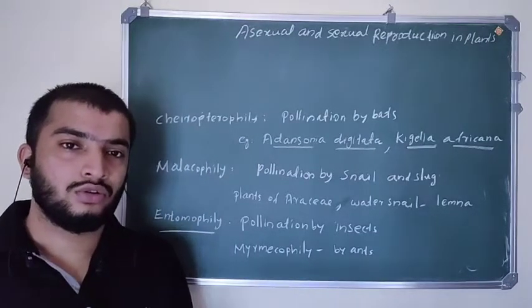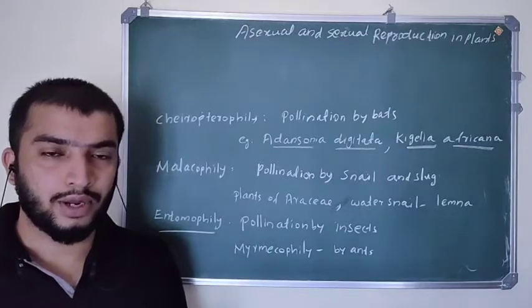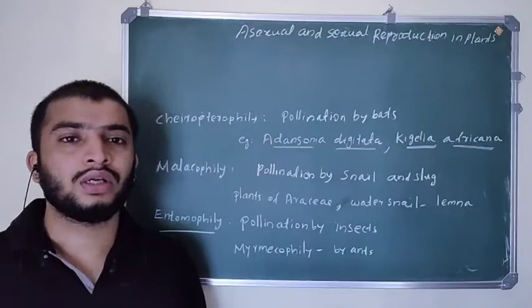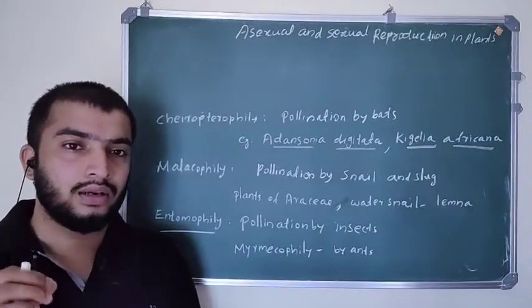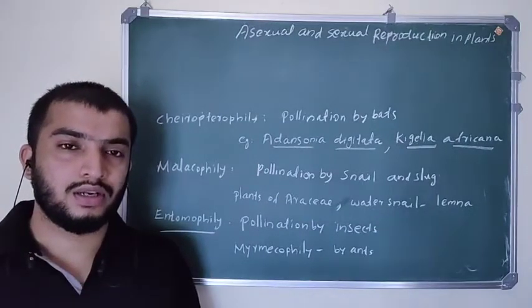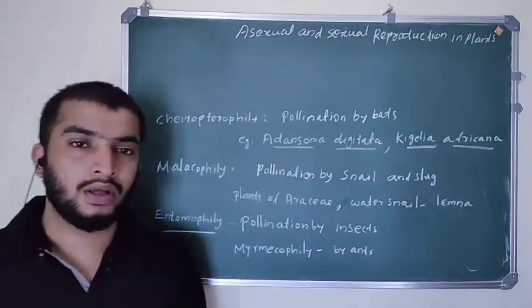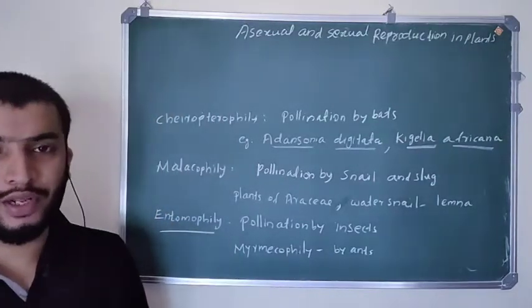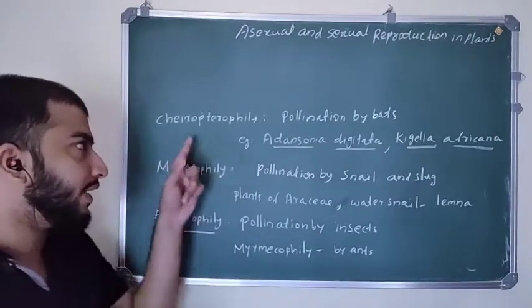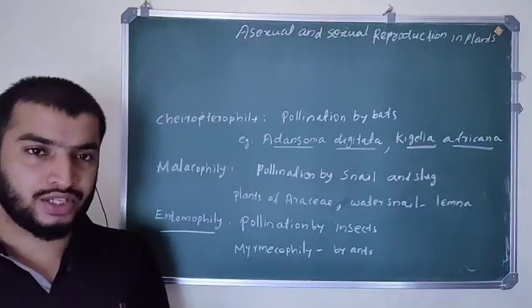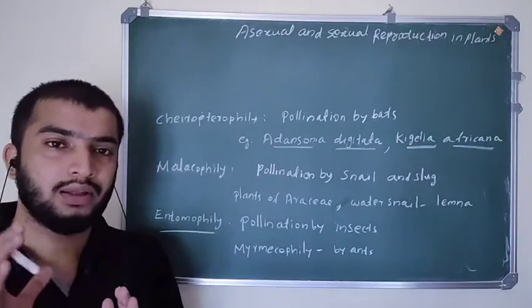Okay, so we have been discussing biotic agents, and today we are going to discuss another type of biotic agents like bats, insects, etc. First of all, chiropterophily. What is meant by chiropterophily? It means pollination by bats.